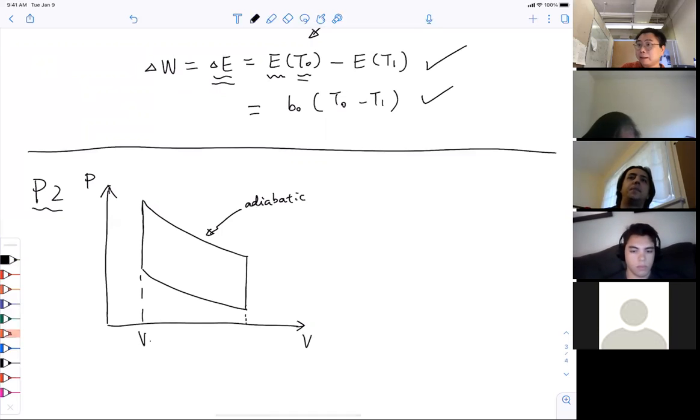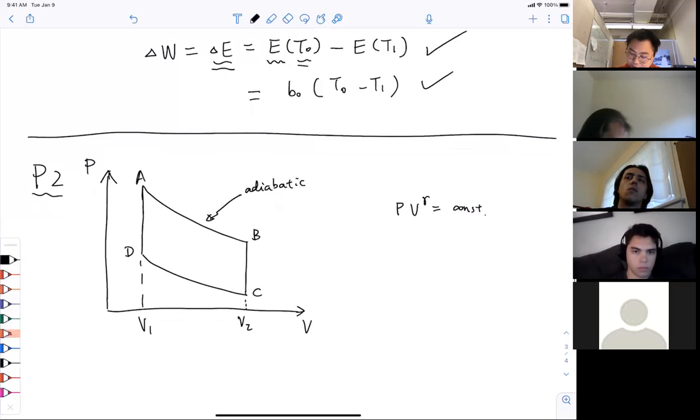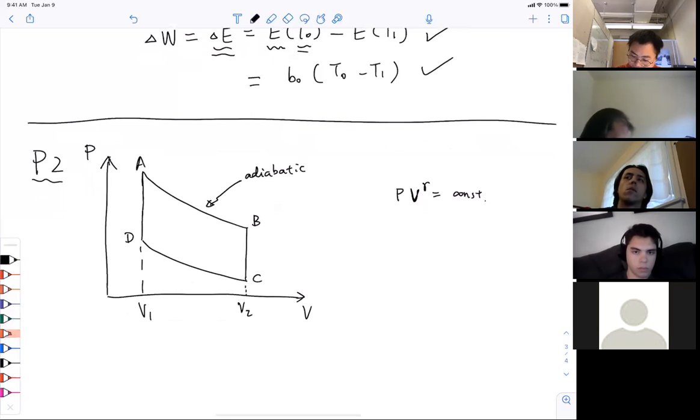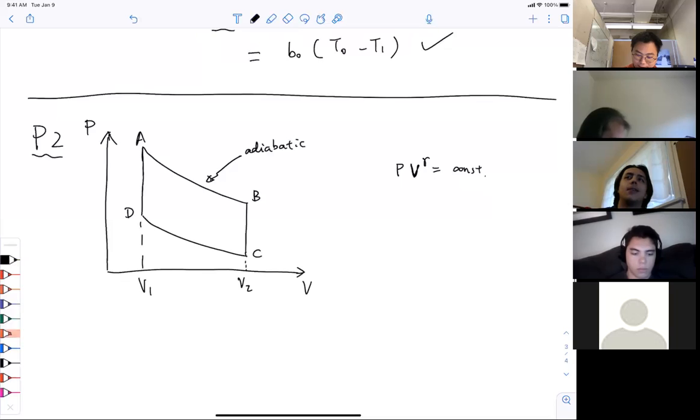This is V1, I believe V2, and A, B, C, D. So the first one, we need to figure out the equation of the adiabatic lines. I'm pretty sure everyone knows it's just PV^gamma equal to constant. Yeah, I believe everyone gets this part right, because that's derived in class, I think.